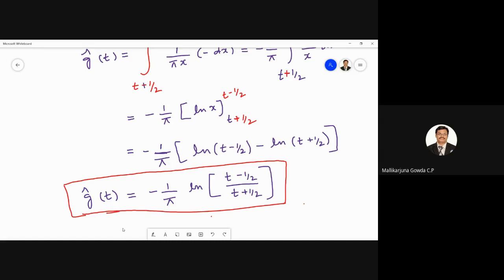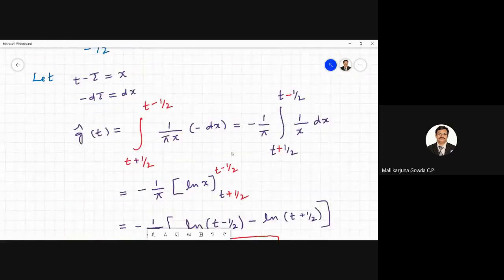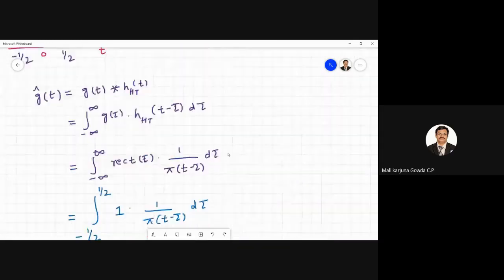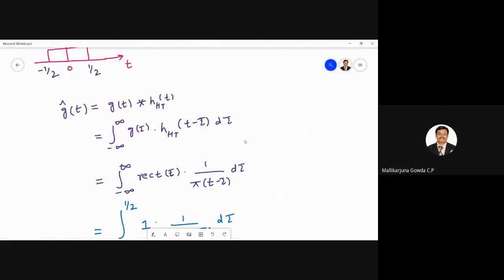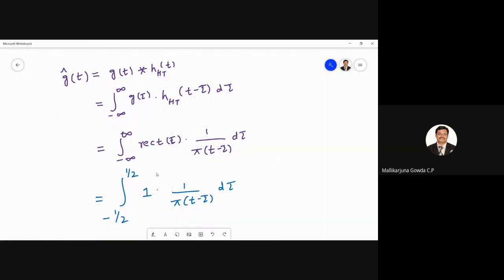Hope everybody noted these steps. See, these are all very simple mathematics only, nothing new or something I am deriving which is not known by you people, right? So I wrote the formula of Hilbert transform, the convolution integral. Then I substituted the rectangular pulse with these limits.